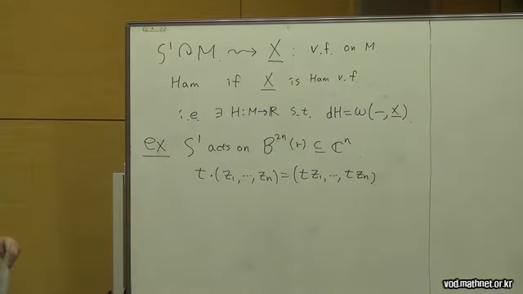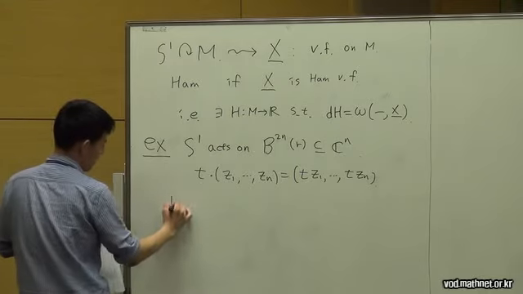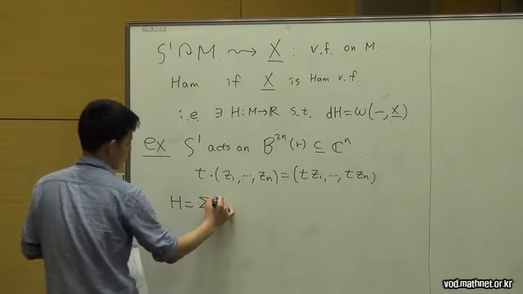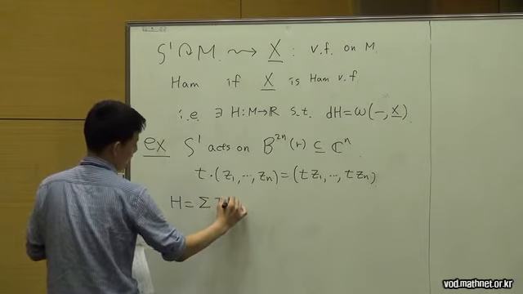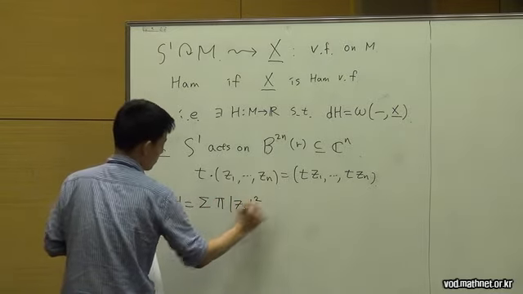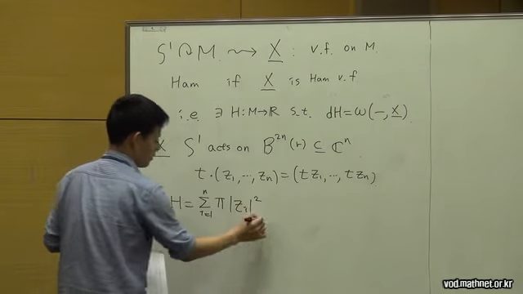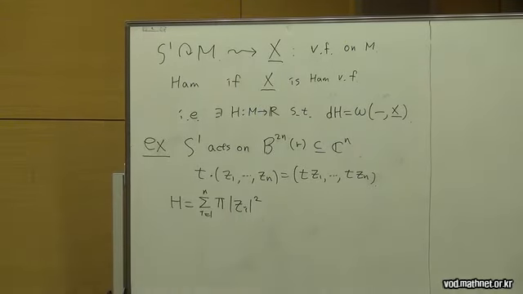Then the moment map is given by the summation of pi times c_i squared. And we can observe the following two things.